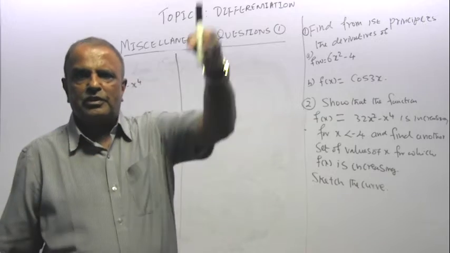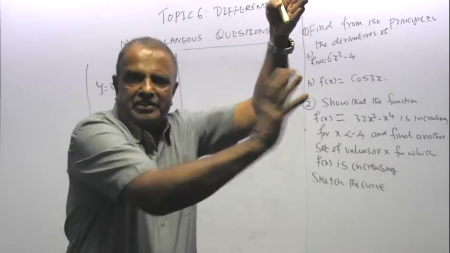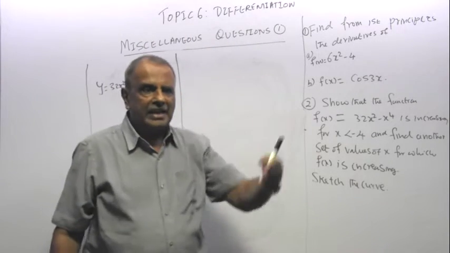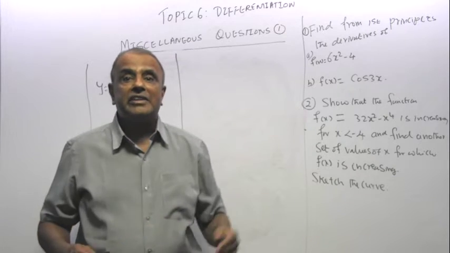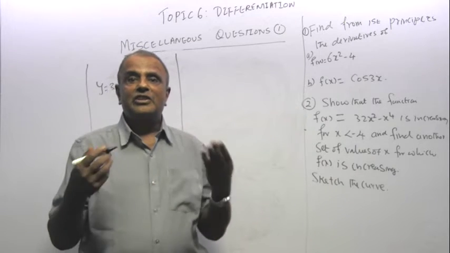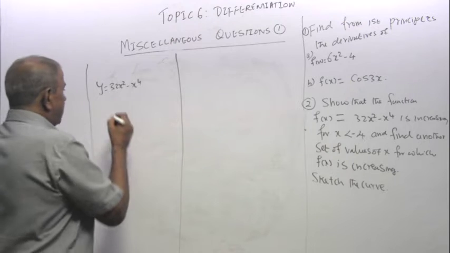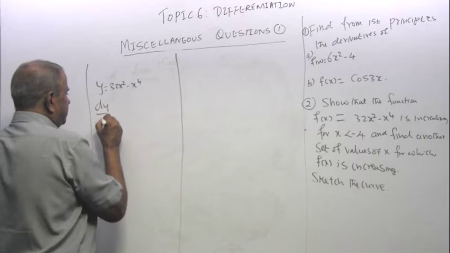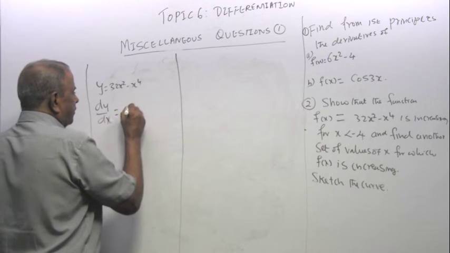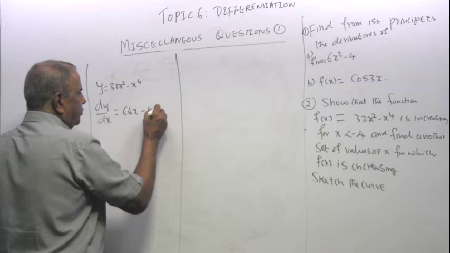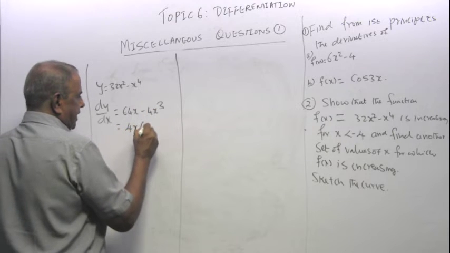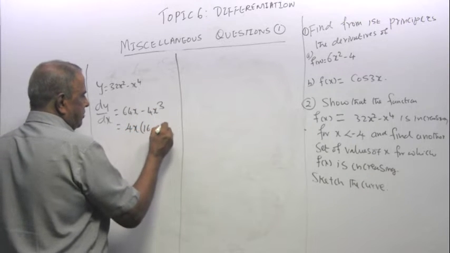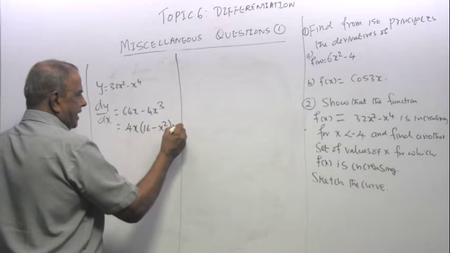So if the graph is increasing as x increases, then the gradient of the curve is positive. That means dy by dx is greater than 0. So let's find dy by dx: it is 64x minus 4x cubed, or I can write 4x times 16 minus x squared, greater than 0.